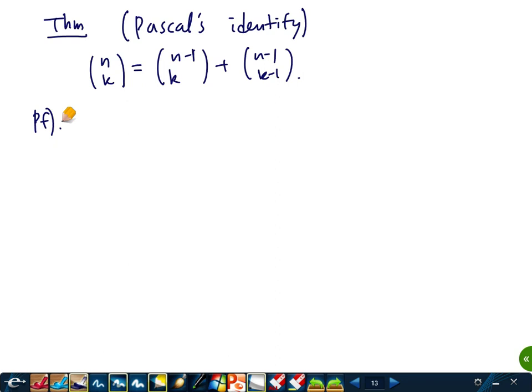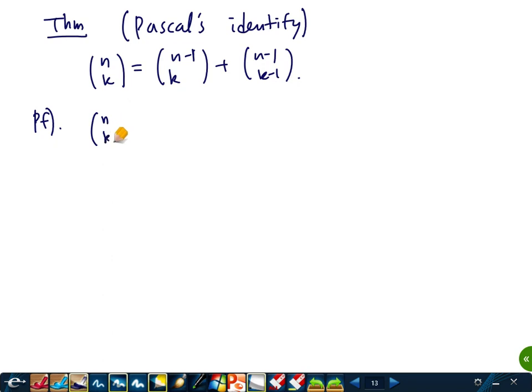Probably the most straightforward way to prove this is to use the formula for this. We know the formula, so you can just use n factorial divided by k factorial times (n minus k) factorial. You just substitute there and then compute, and you will prove it. But that's not very interesting, just the computation. So I'm going to give you a more combinatorial proof by considering the meaning of each side.